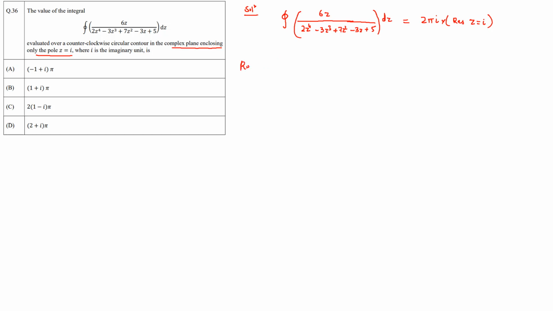Now calculating the residue at z is equal to i, again from the last slide, this will be equal to the limit z tending to i of z minus i times f of z, where f of z is this. That is the limit z tending to i of z minus i times 6z over 2z to the 4 minus 3z cube plus 7z square minus 3z plus 5.